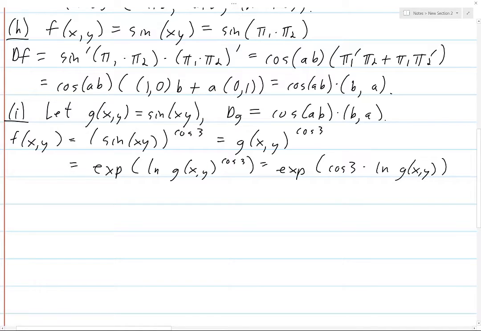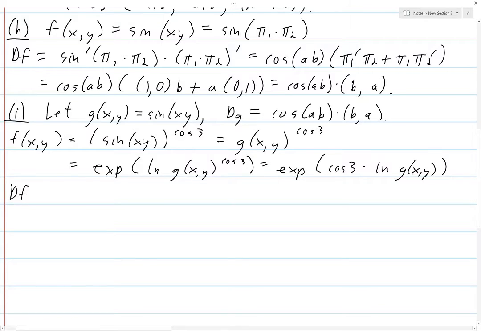Remember how I said that when we want to get these functions into a form where the only thing we have to plug in is the vector? Here, this is g of x, y, and so we're actually plugging in the vector x, y here. And so this is indeed the form that we want.